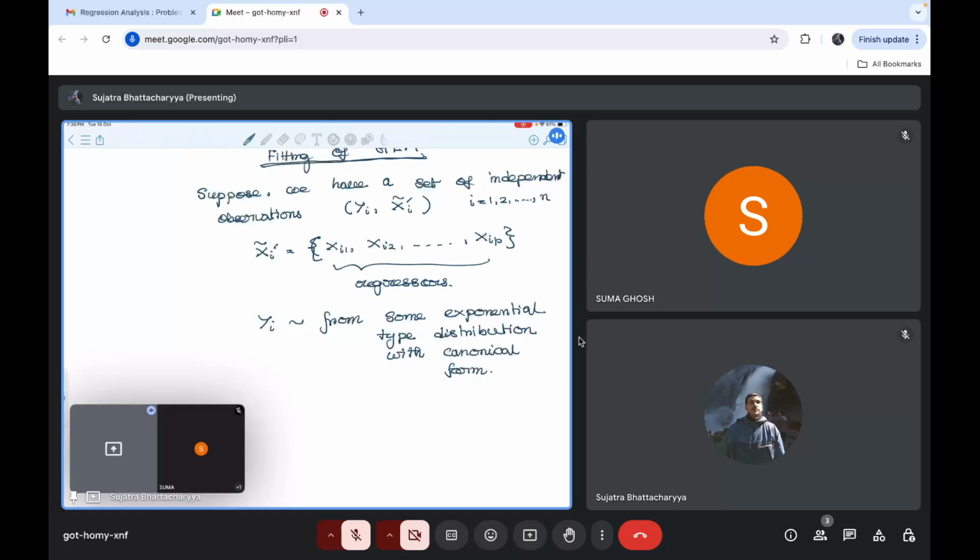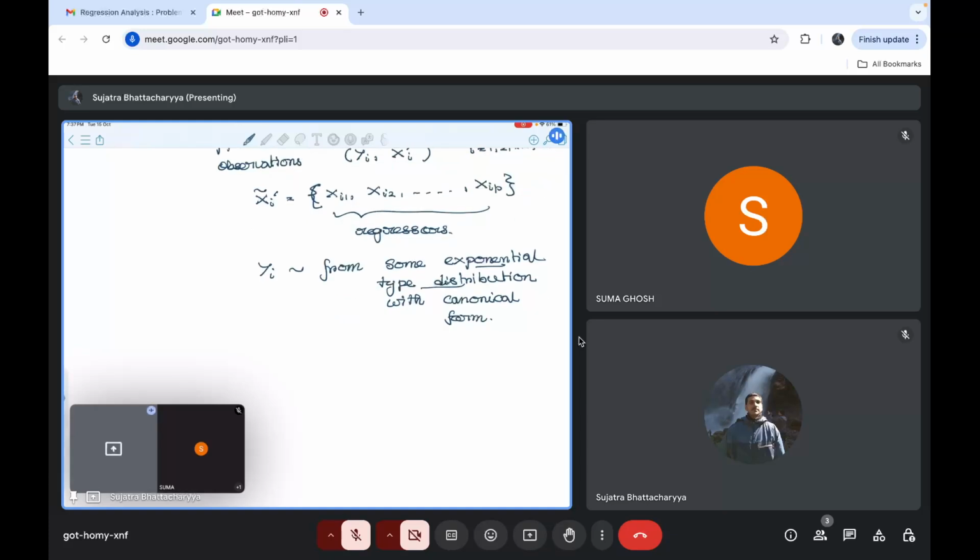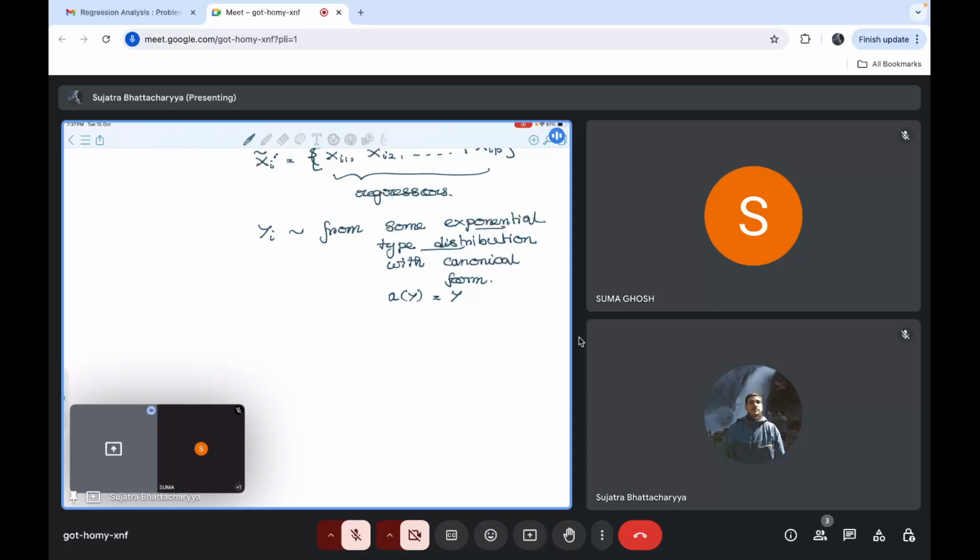It should not be a normal distribution, because for the normal distribution we have seen how to do that in the earlier lecture. If y is not from a normal distribution, but it still belongs to some kind of exponential type distribution with canonical form, that is a of x should be x, or whatever the random variable is, then for that we can use this generalized linear model. So canonical form is a of y should be equal to y. That's the thing, because y is the random variable.